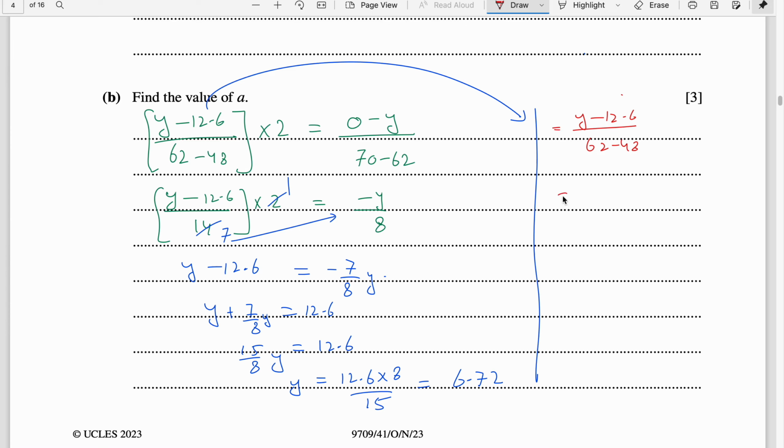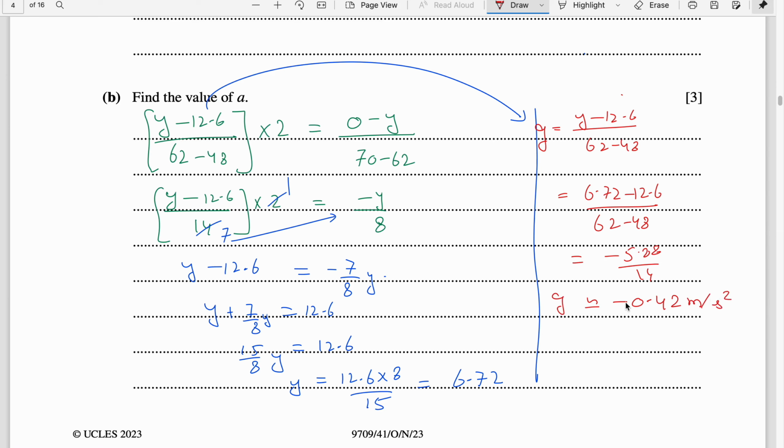This is the gradient. Remember, we are finding the gradient. Y is 6.72 minus 12.6 divided by 62 minus 48, and we simplify to get minus 5.88 by 14, approximately equal to negative 0.42 meters per second square.